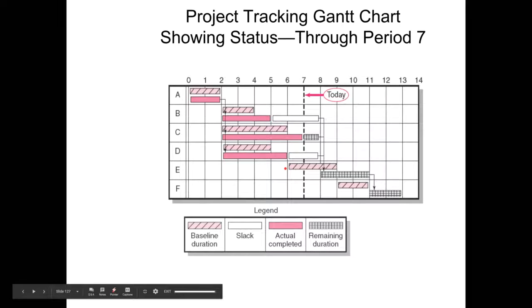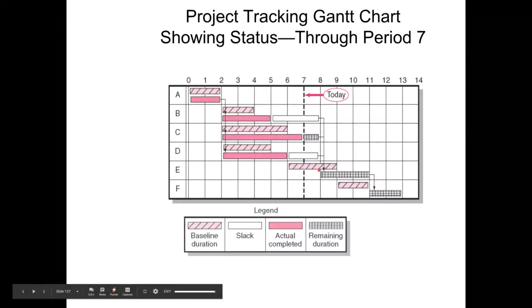Now, would anyone comment on activity E? How do you see? Here you can see this arrow, which is linking activity E to activity B, C, and D. So it appears like there is a finish to start link.